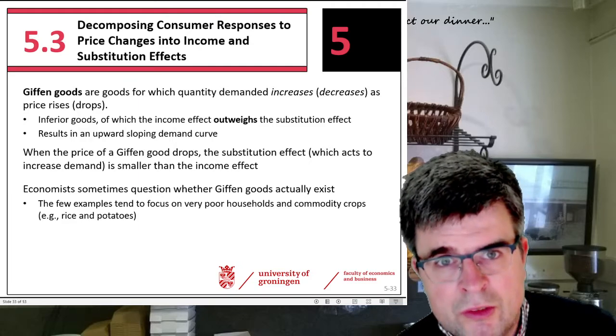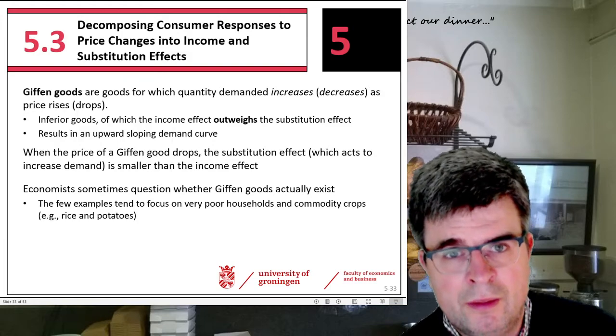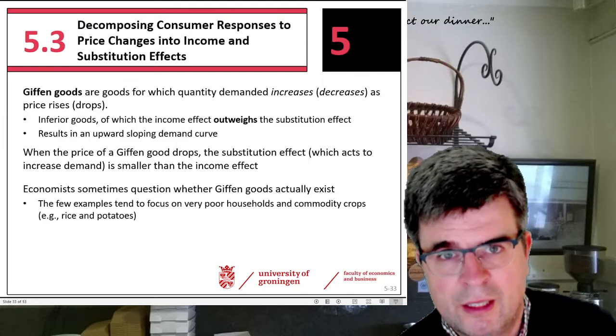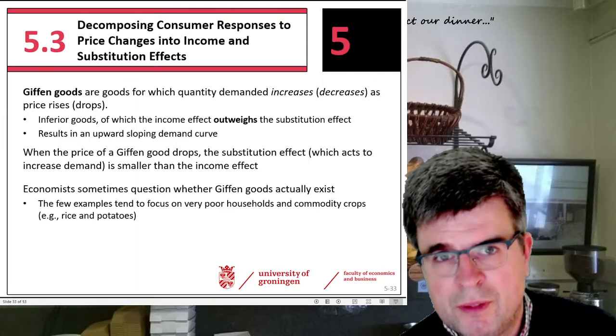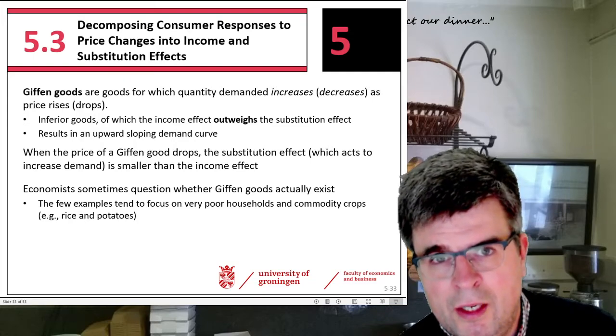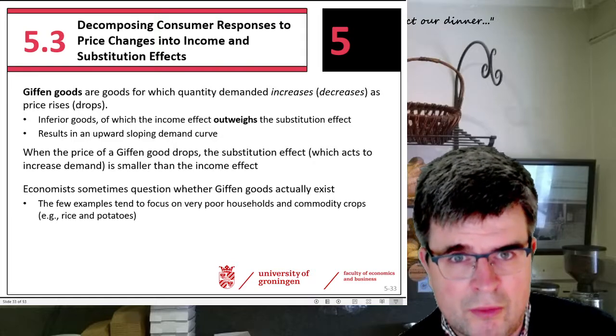But because the price of potatoes increased, people were forced to skip their consumption of meat and to consume more potatoes in order to get their calories. So this is the classic example where the story goes that because of this famine, the increase in the price of potato led to an increase in the demand for potatoes.